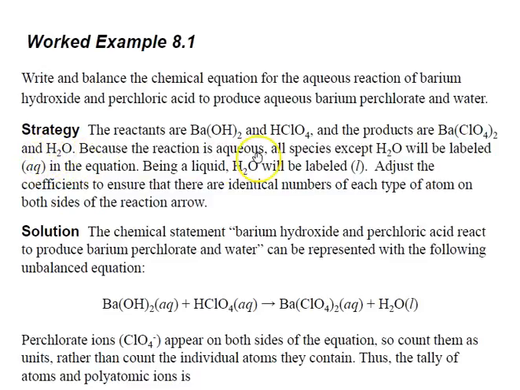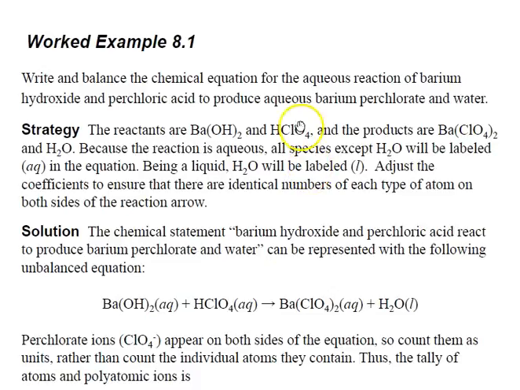All of these will be aqueous, except water is going to be labeled with an L because it's a pure liquid. When water is in liquid state, it'll always have the L. Most salts and acids will be AQ if they are in solution.